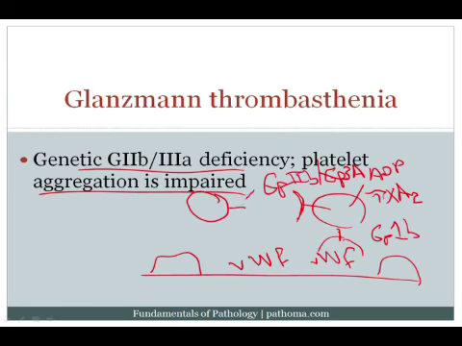And remember that the next platelet would come in, it would also express GP2B3A, and the linking molecule here is fibrinogen. And that then allows for platelet aggregation. Now imagine if you don't have GP2B3A, this particular part of the process can't occur. You can't have the platelets binding to each other, and so you're not going to be able to aggregate the platelets, and so that platelet plug is not going to form very well.